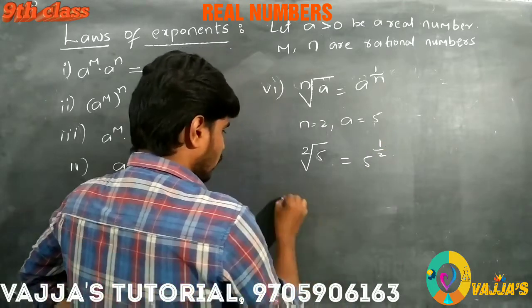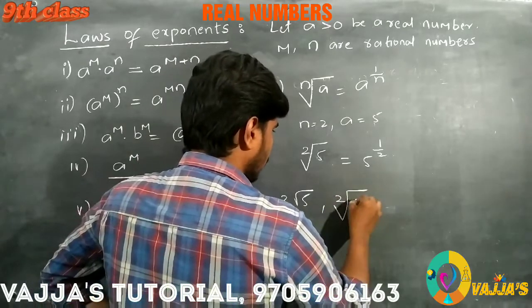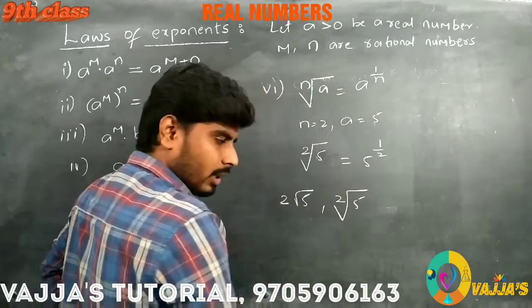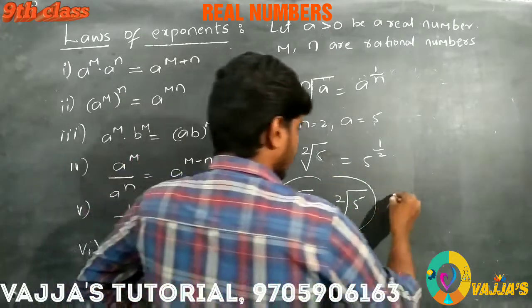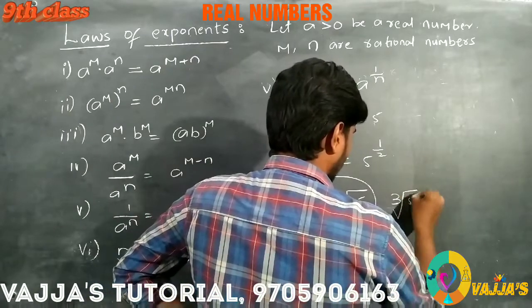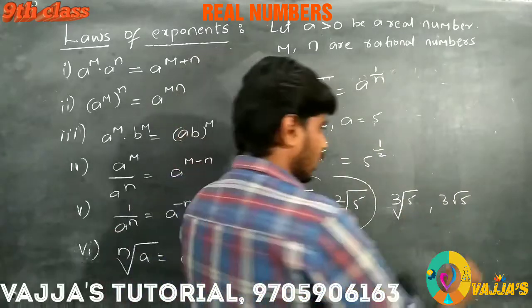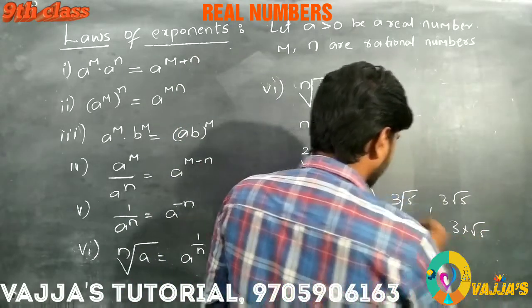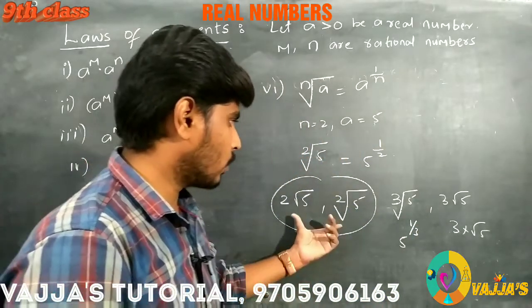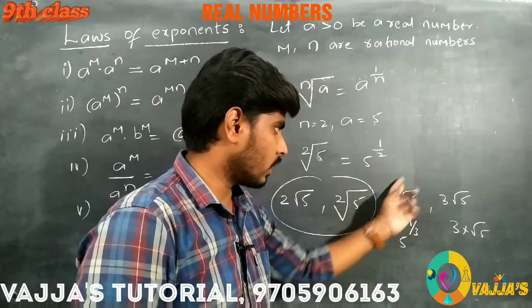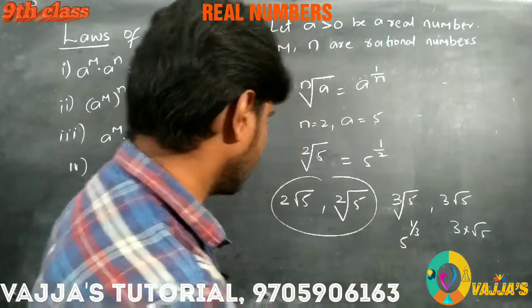This is called square root. Now, 3 into root 5 is different. We can write it as 3 into 5 power 1 by 2. That is the difference between these two. We are going to learn about this in the next video.